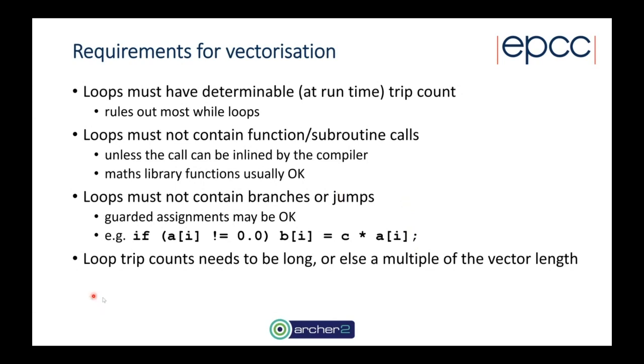And as I said already, the loop trip count, so this is how long your loop is, really depends on the size of the loop being good to give you good performance, and ideally multiples of a vector length, so multiples of 4 and multiples of 8.